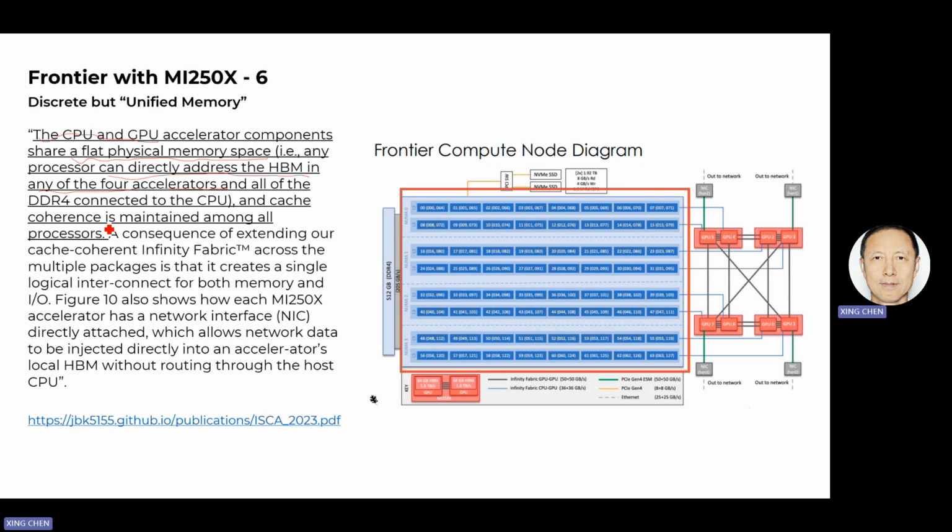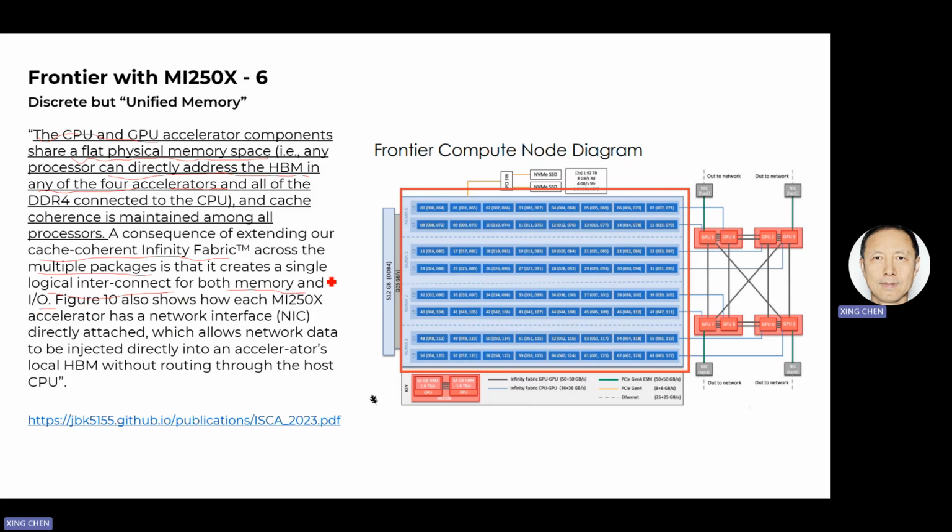And the cache coherency is maintained among all processors. A consequence of extending our cache coherent Infinity Fabric across the multiple packages is that it creates a single logical interconnection for both memory and I/O.